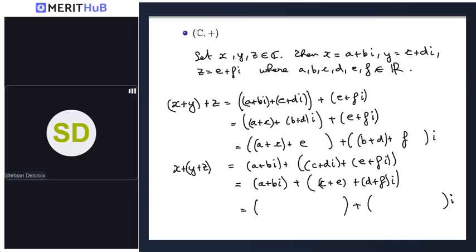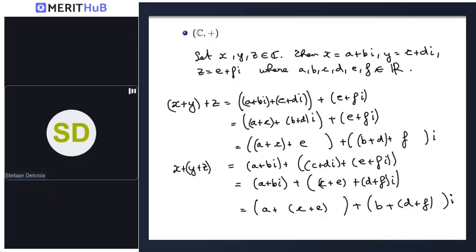So the complex number A plus BI, and you add the complex number C plus E. So A plus (C plus E), and then B plus (D plus F), viewing C plus E and D plus F as one number.